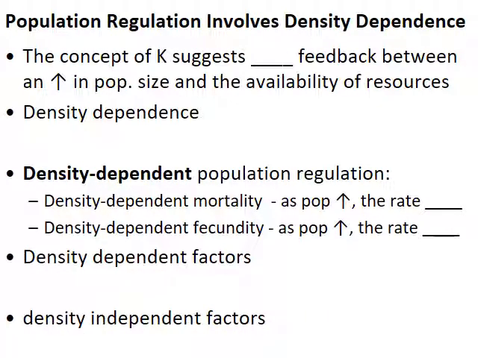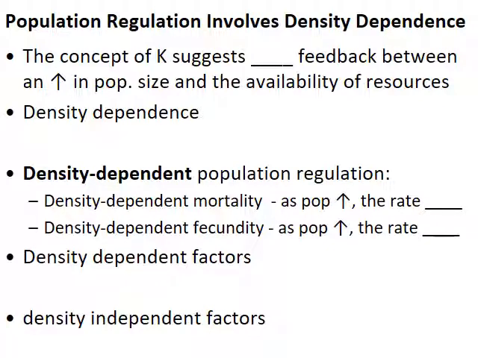This concept of K, of carrying capacity, suggests a negative feedback, as we said before, between this increase in population size and resources. So we say there is a density dependence here, and we see this density dependent population regulation.